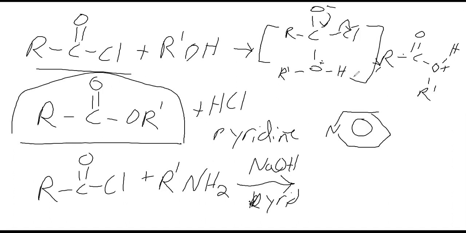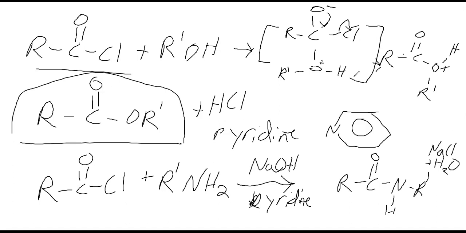And you have our amide, and you don't have to worry about reversibility. If I used sodium hydroxide, you'd form NaCl in water, or if I used pyridine, it would be pyridinium chloride. So that is the last reaction of this chapter.